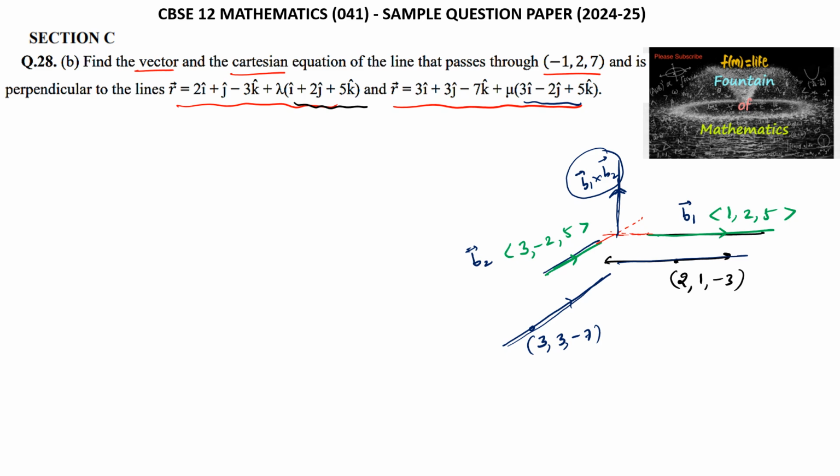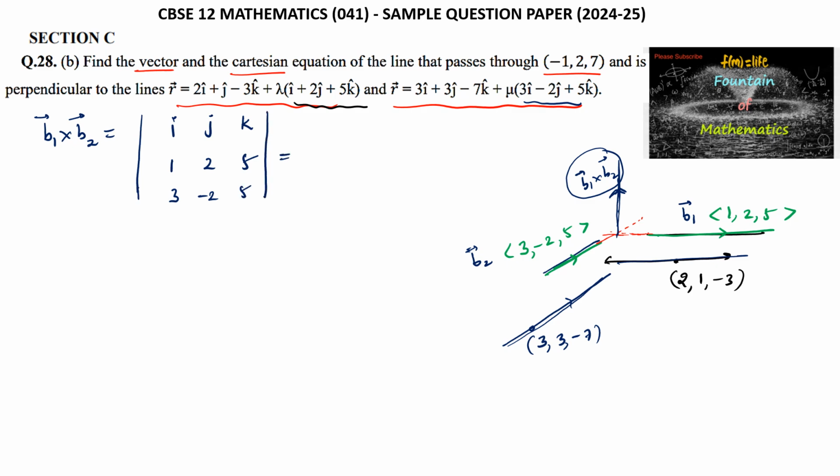So let's find b1 cross b2. So determinant of i, j, k, b1 vector 1, 2 and 5, and b2 is 3, −2 and 5.